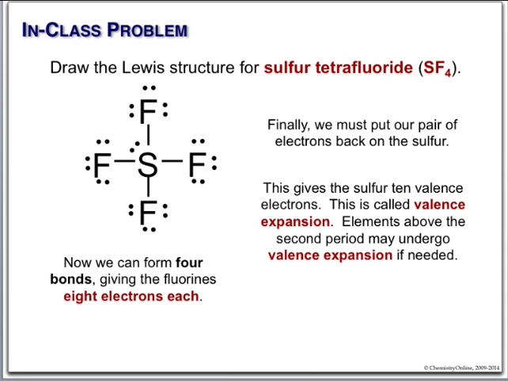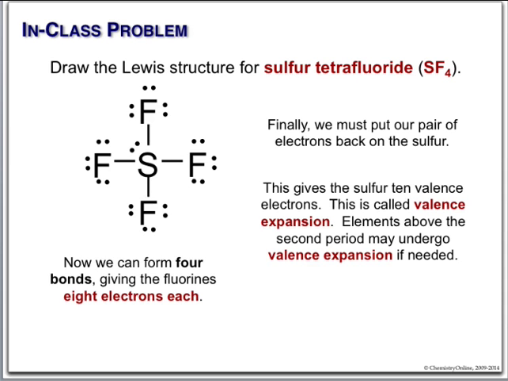This is called valence expansion. Valence expansion happens for compounds in the 3rd period and below. Anything in the first 2 periods, you can't get above 8.